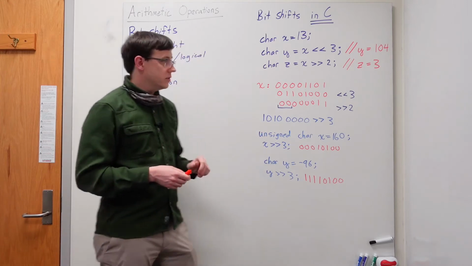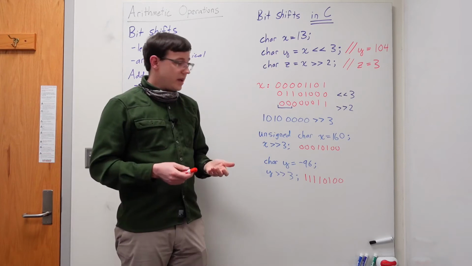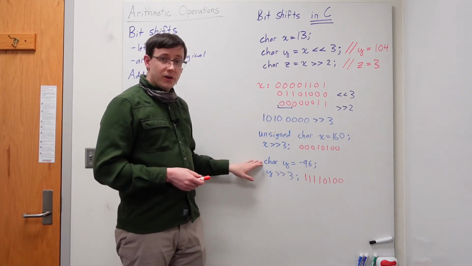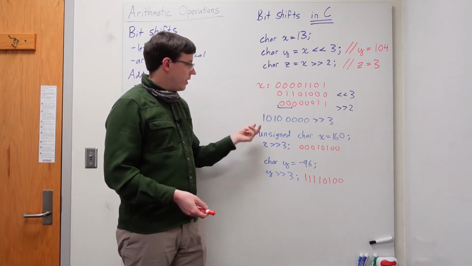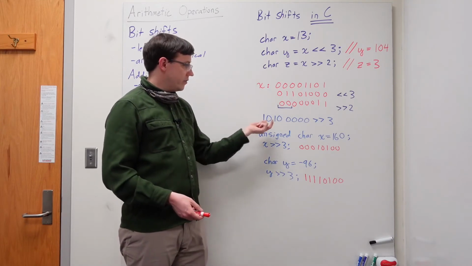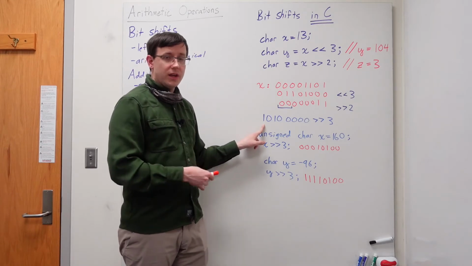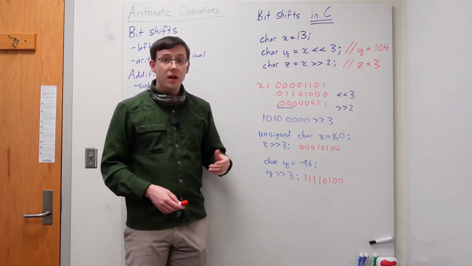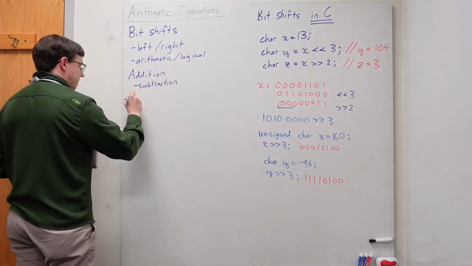This corresponds to the logical right shift operation. Whereas if the variable that we're dealing with is a signed data type, then we want to fill in with zeros if the leading digit was 0, or ones if the leading digit was 1. This corresponds to an arithmetic right shift.